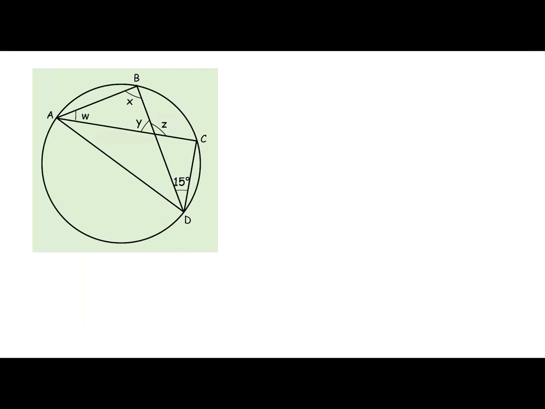Okay, so see if you can find angles W, X, Y and Z here. What we're going to have to start doing is combining some of the rules. Okay. Right, the first one you can do here is W will be equal to 15 degrees. Now why?